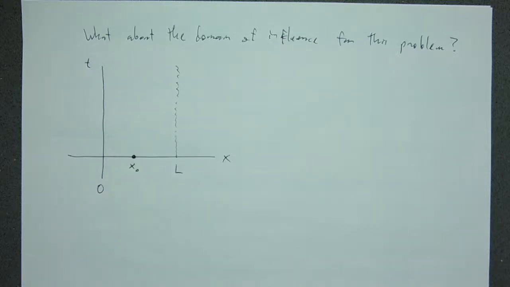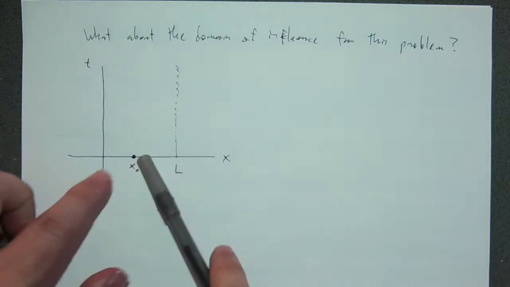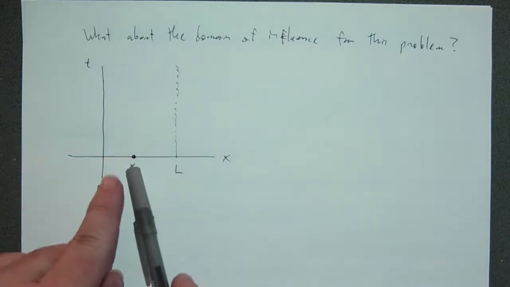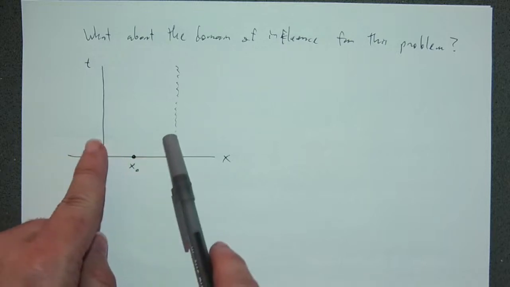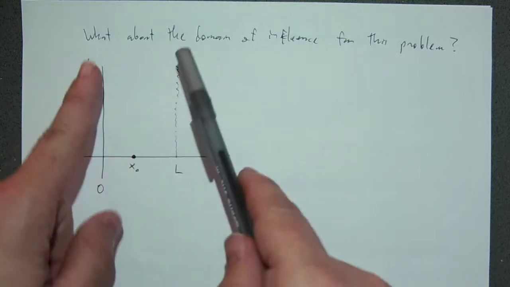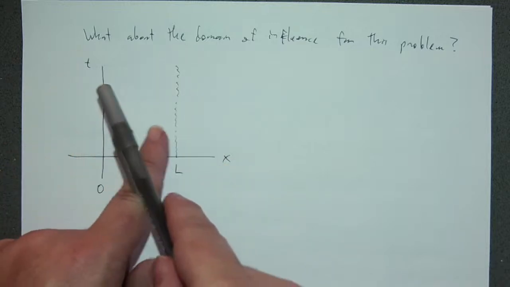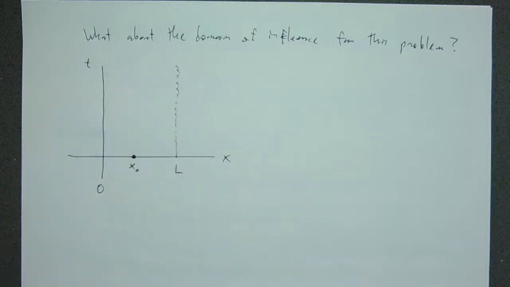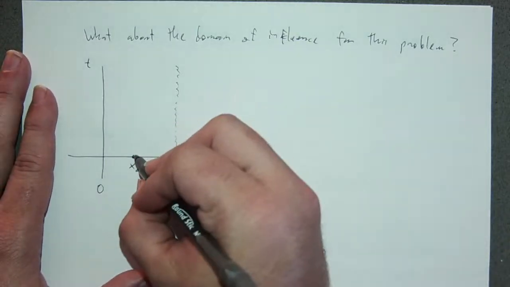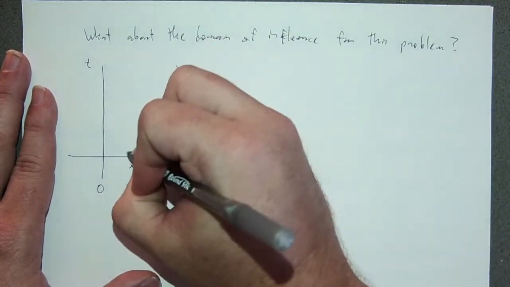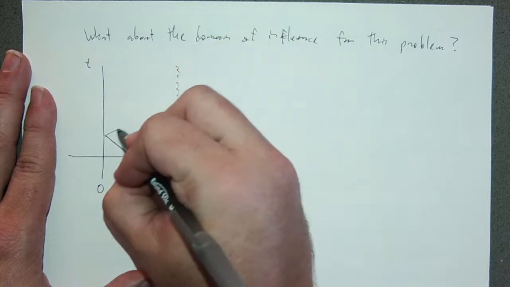Basically, I would have to consider characteristics emanating from x naught, if you like, in both directions, and every time they hit these lines, you can think of these lines as like mirrors. They reflect. And so what I get is something like this.